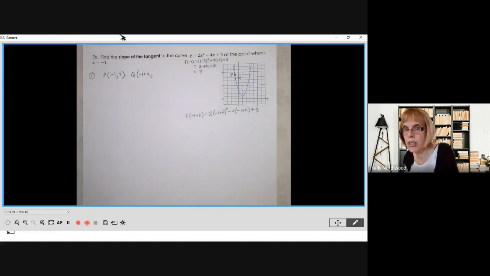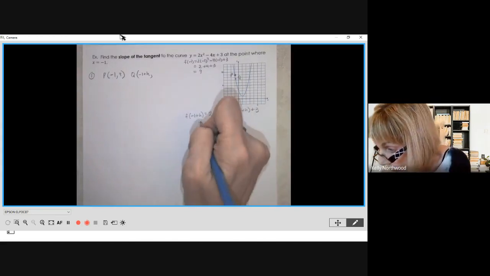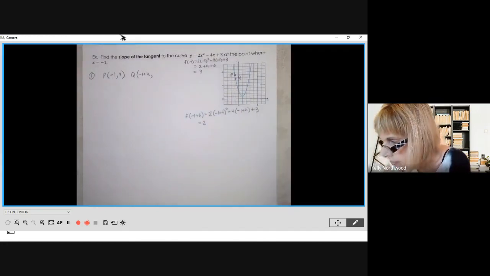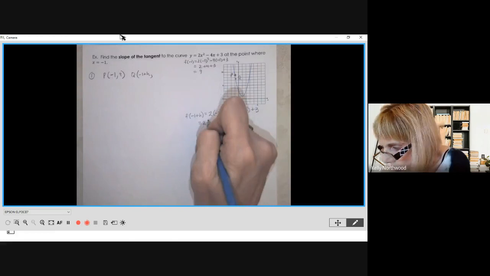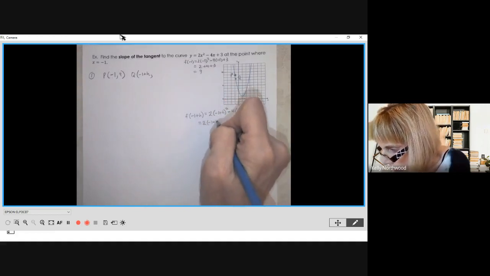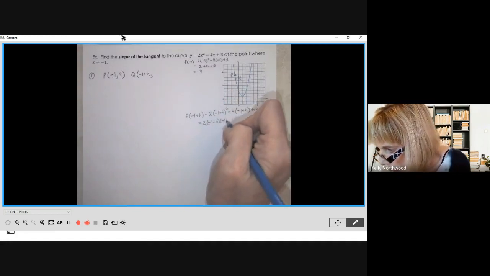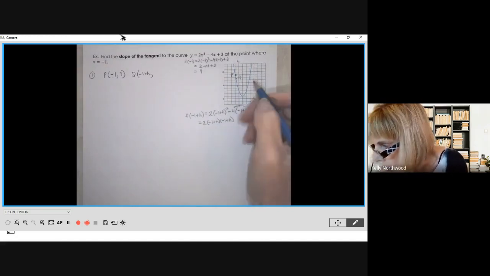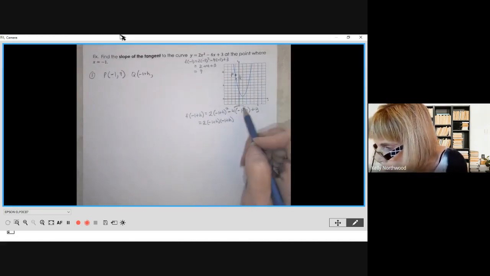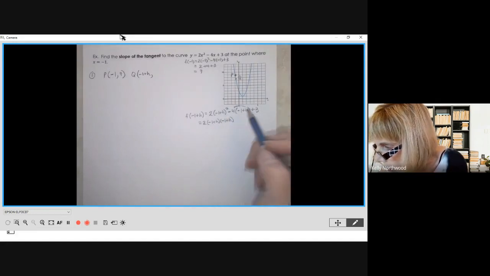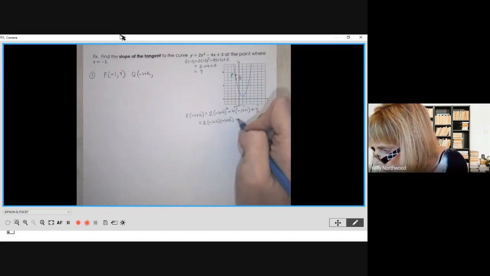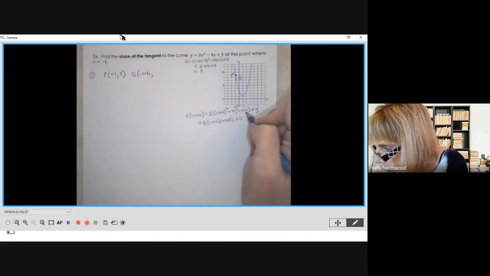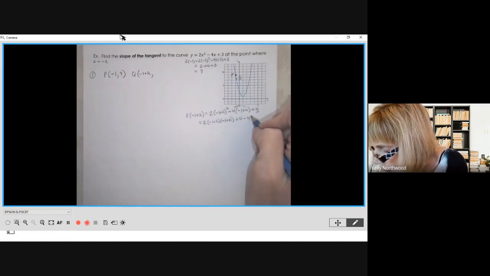So you can see why we did function notation in grade 11, how significant it is in calculus for sure. If you can square the binomial in your head, that's going to save you time, but I'm not going to assume that everybody can do that. If you can, go ahead and do it. So I'm going to distribute right here because I can. So -4 times -1 is +4. -4 times +h is -4h.